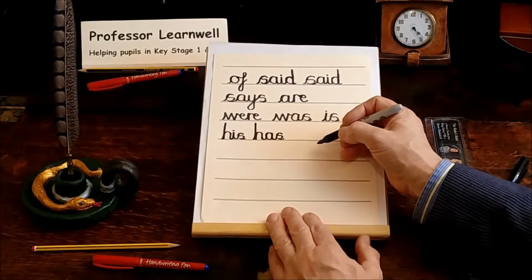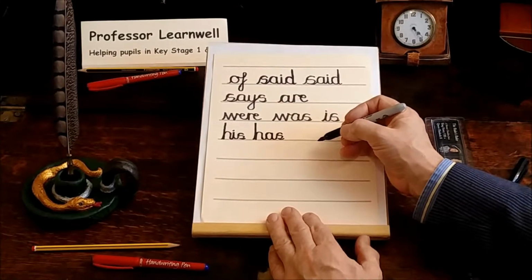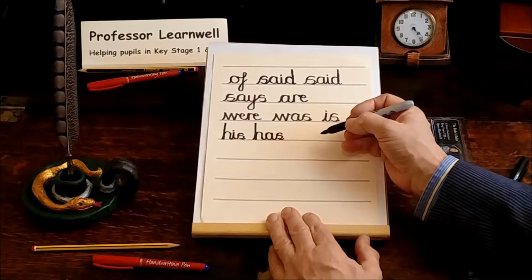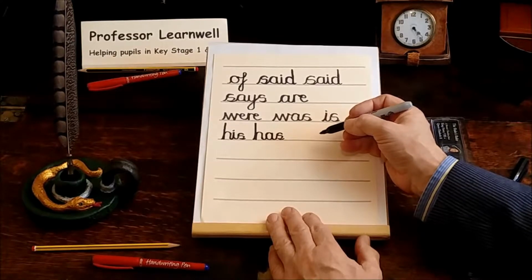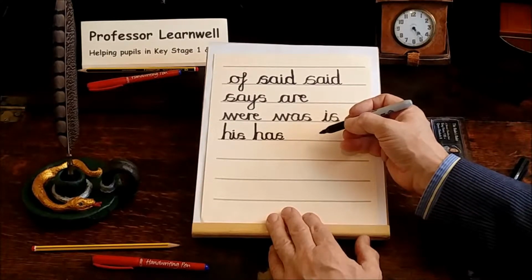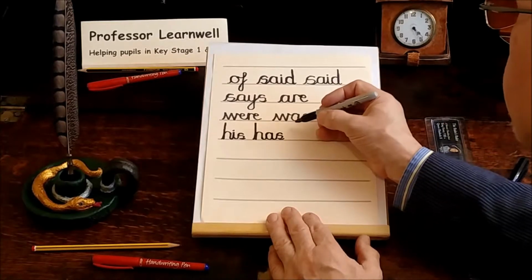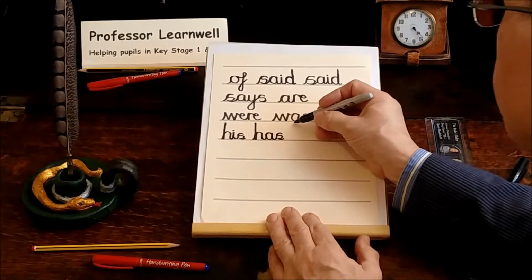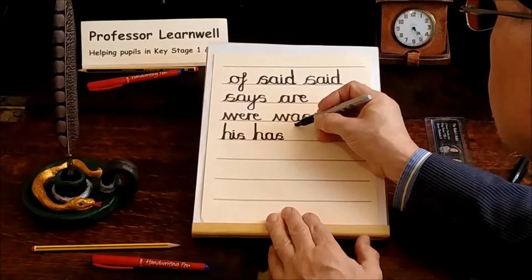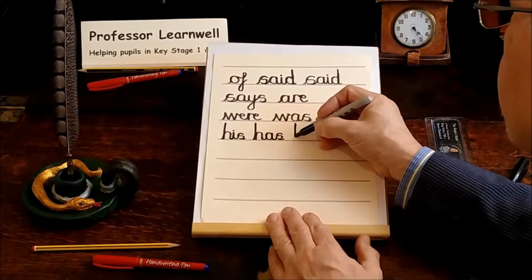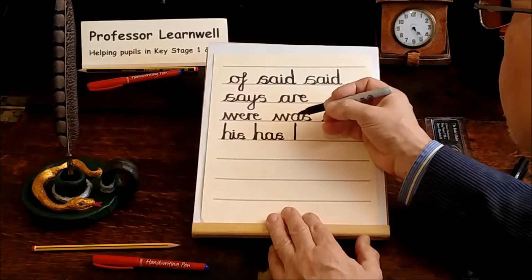Our next word today will be a one-letter word actually. It's the word I, such as I go to school. And it's the capital I, starting at the top with capitals. We all start at the top. Lift.